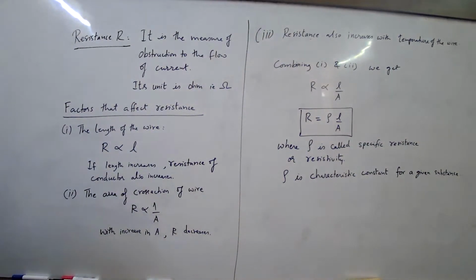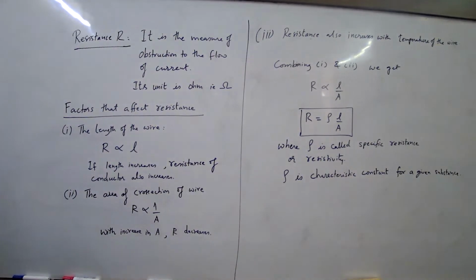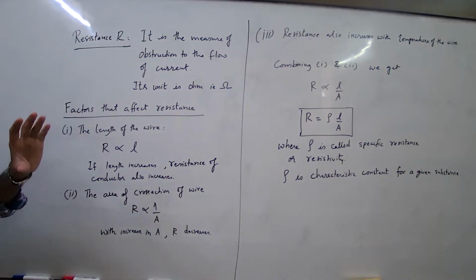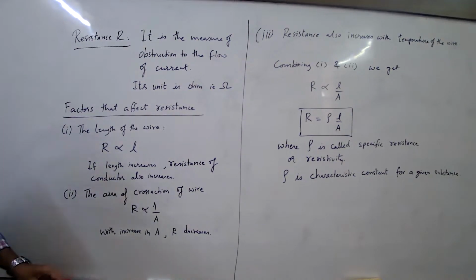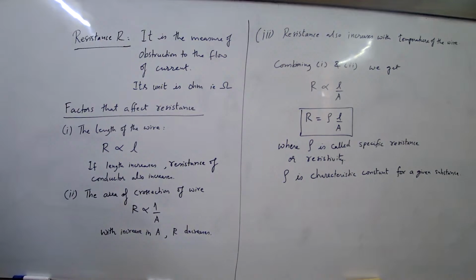Now we just discussed that the resistance of a material or substance changes with its dimension, length or area. If you change the length or area of cross section, the resistance will change. So even if you have a copper wire, the same conductor, if you change the length or its area, its resistance will change.